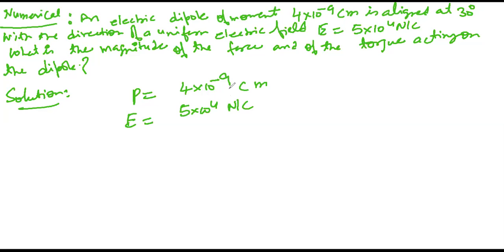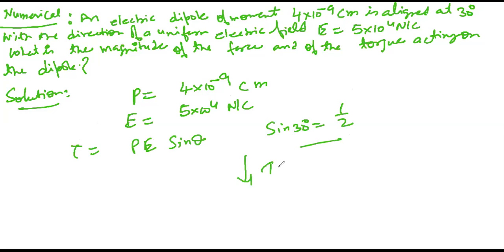So tau is equal to PE sin theta, and how much is the value of sin 30 degree? 1/2. Substitute the value and then tell it to me. Try it.